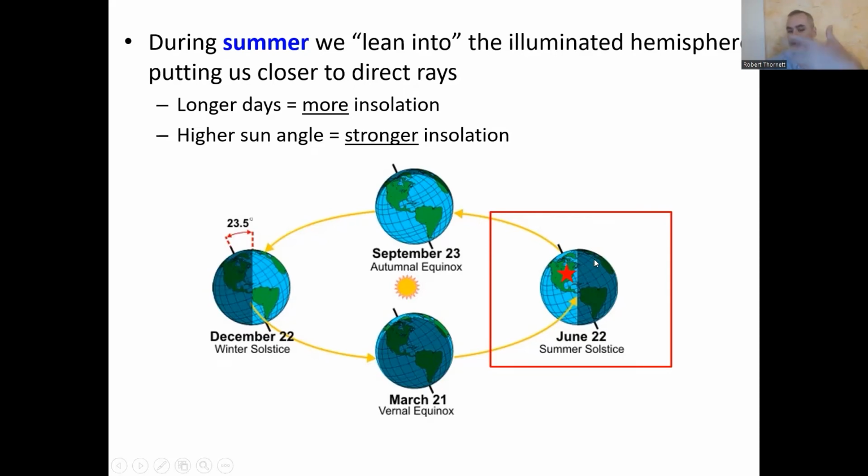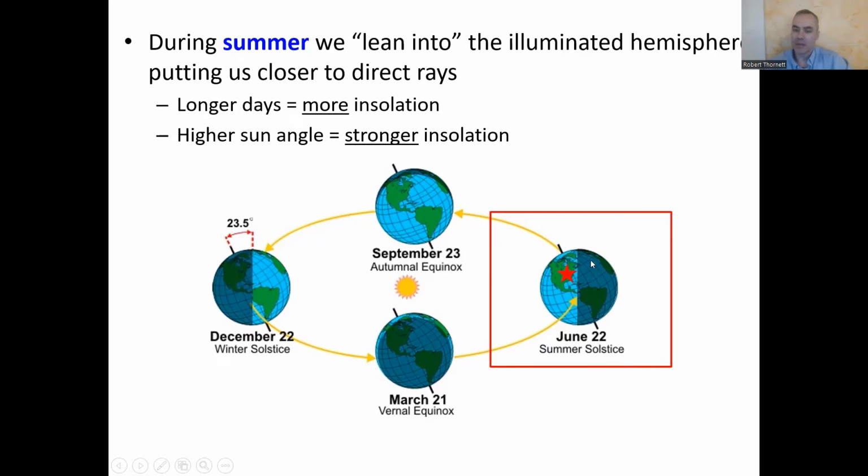So you might have a lopsided day where it's 14 hours of light and only 10 hours of darkness, because the ratio of this distance here will be 14 to 10 between the distance through the illuminated part of the hemisphere and the distance through the darkened part.